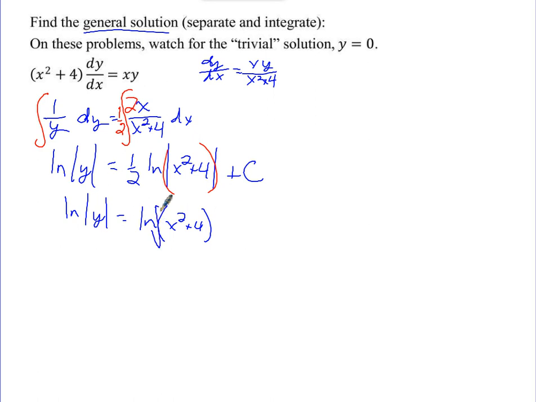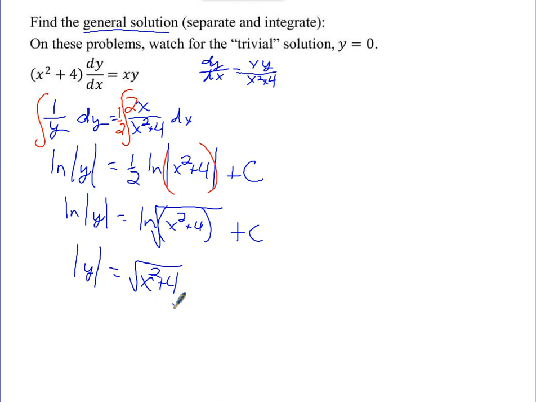So I can actually just make this a square root plus c. Now base e. So I put an e here and an e here, and what do I get? The absolute value of y equals the square root of x squared plus 4, not plus c.